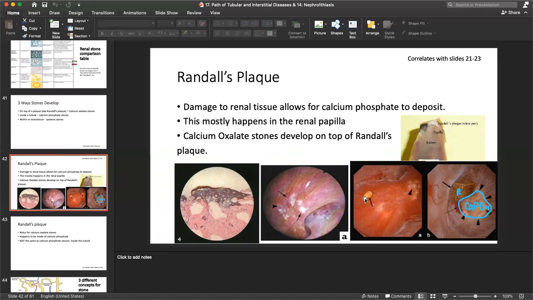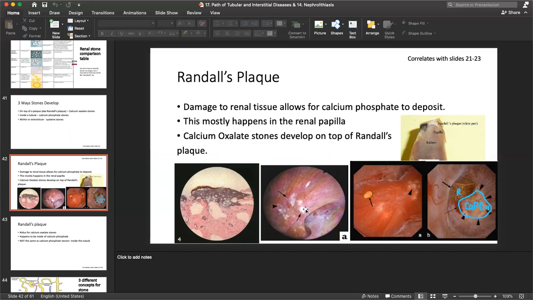And see how you can see a plaque develop. It damages that renal tissue and allows that calcium phosphate to deposit. This happens in the renal papilla. So what happens is inside the tubule, we've got renal tissue damage, calcium phosphate deposits.